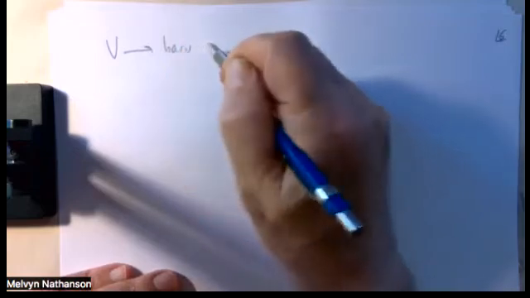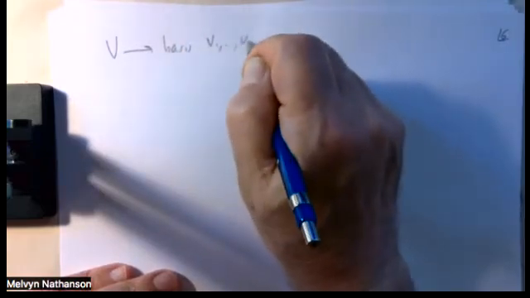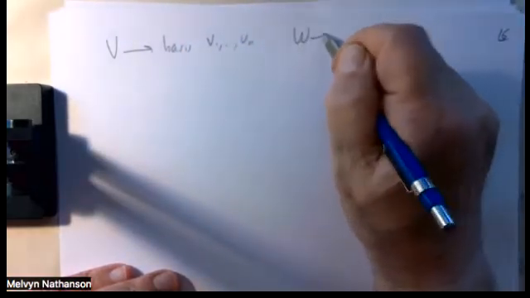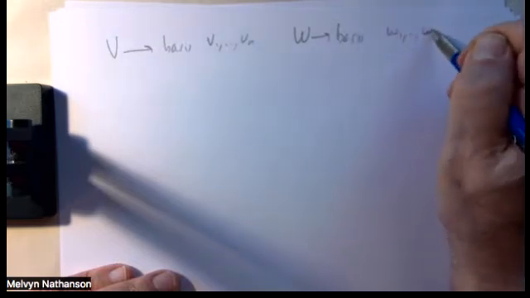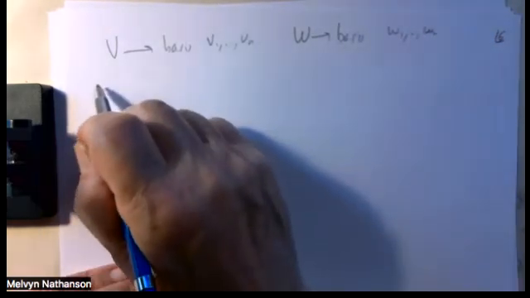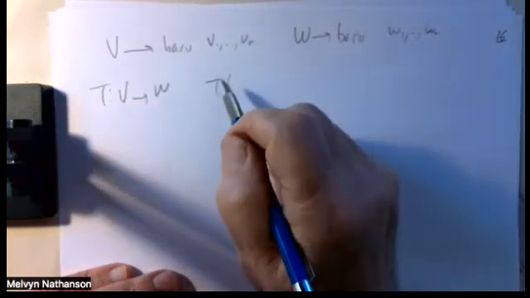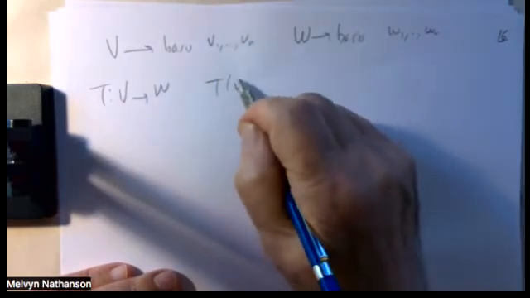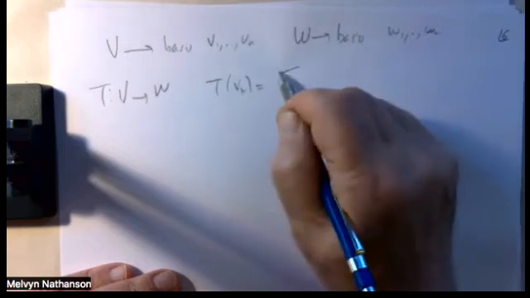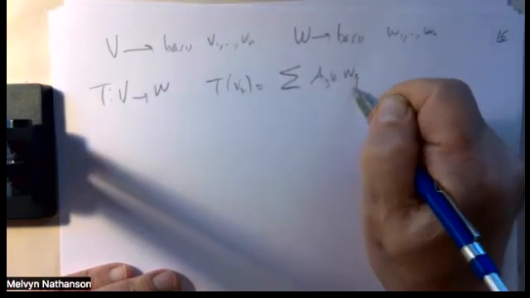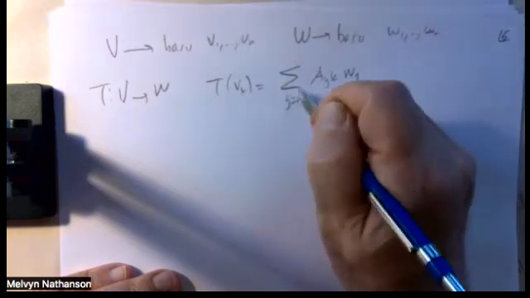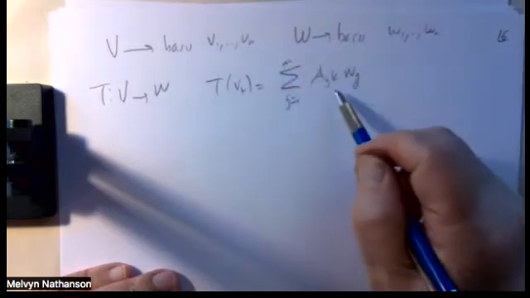Again, V has a basis v1 up to vn, and W has a basis w1 up to wm. I have this map T, a linear map from V to W. T of the vector vk is going to be the summation of Ajk wj, j from 1 up to m.